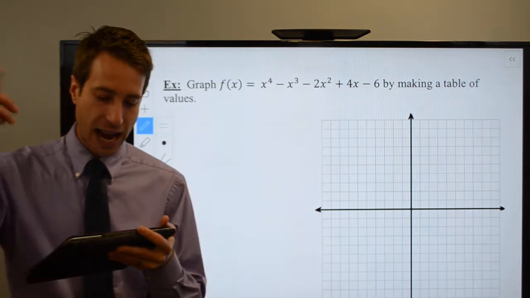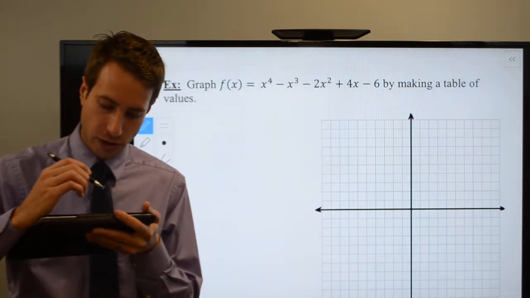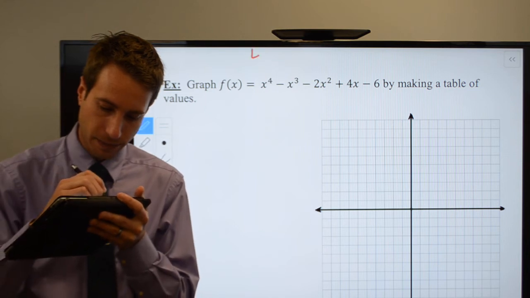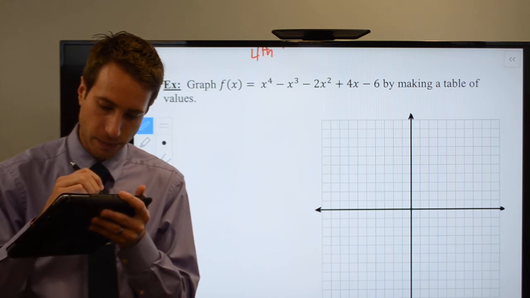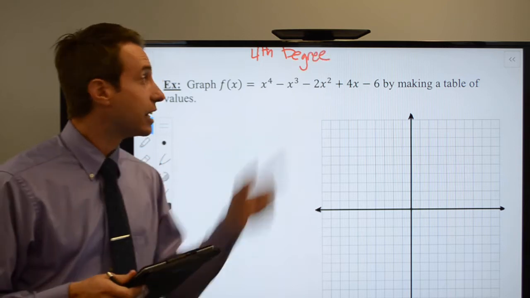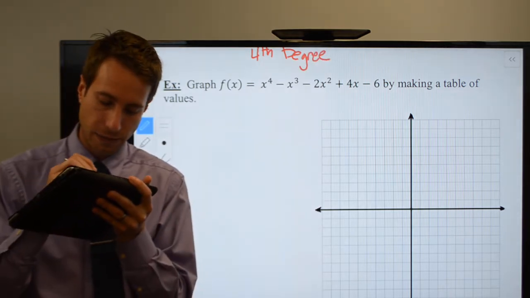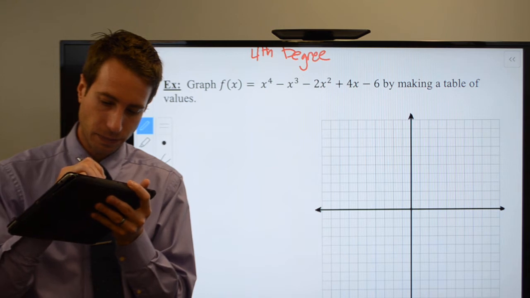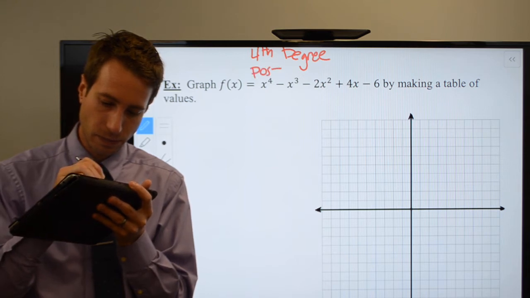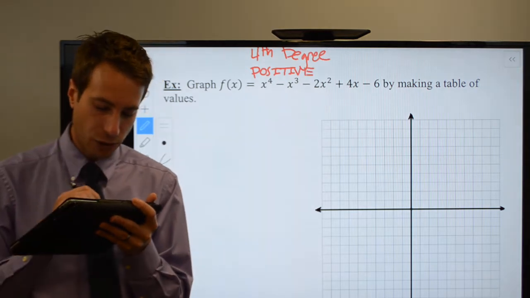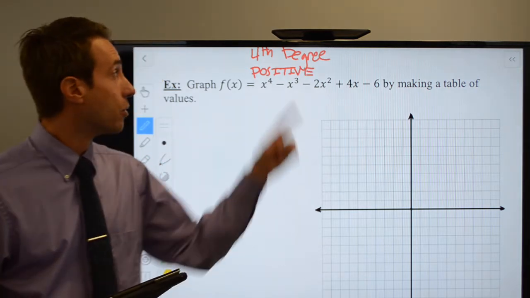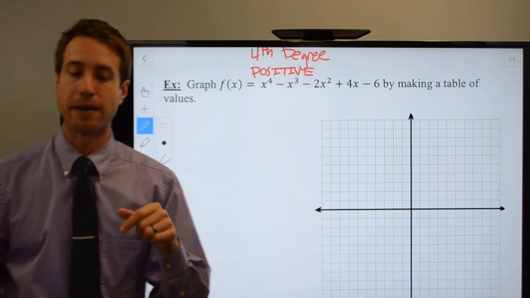That means that I know that this is a 4th degree polynomial and my leading coefficient is positive. Remember, that tells me some stuff, right? 4th degree means that it's even.